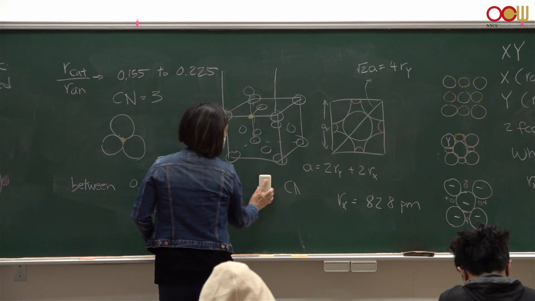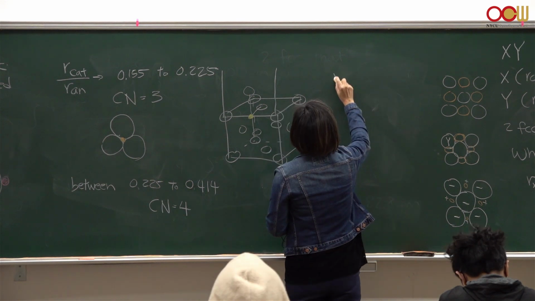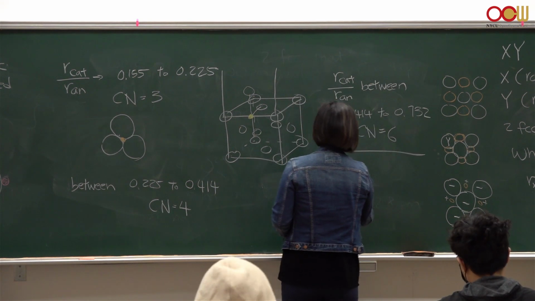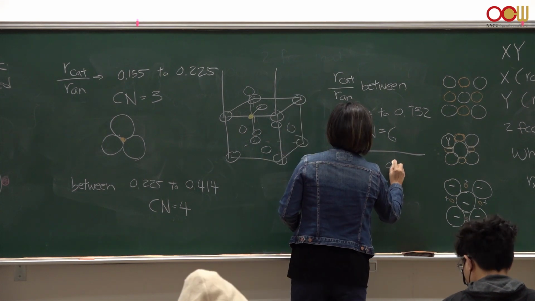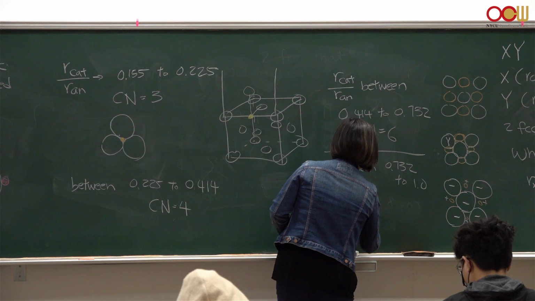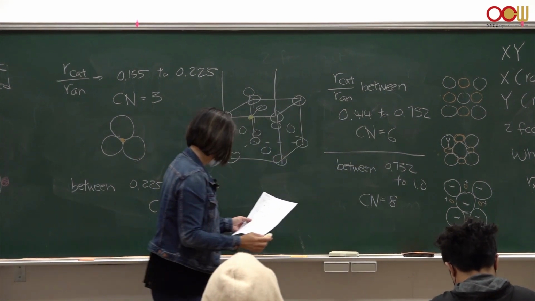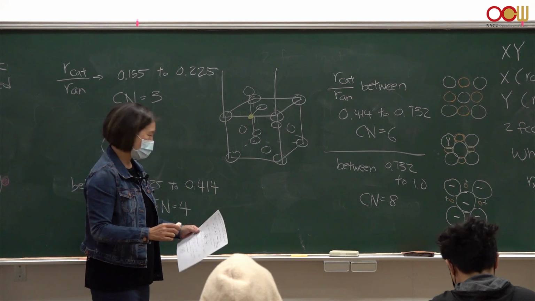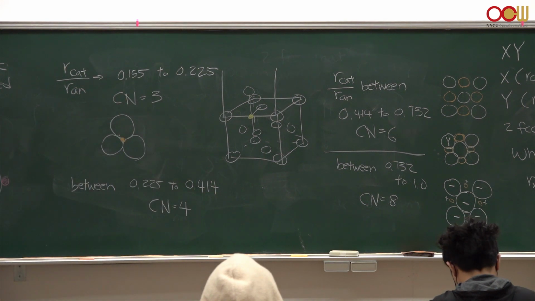So if you look at the table, between 0.732 to 1, the coordination number is 8. And I'll show you some pictures because that'll make a lot more sense than just these numbers.